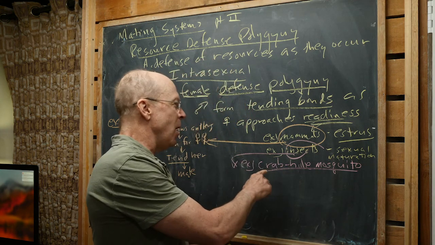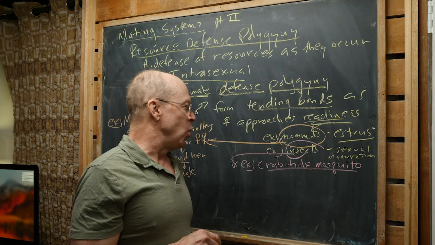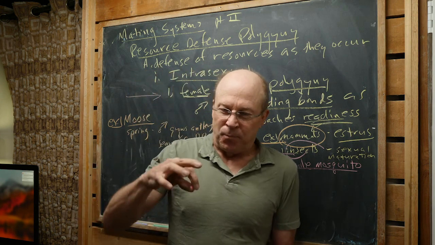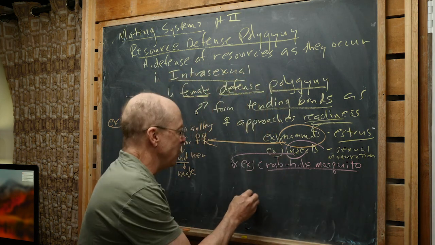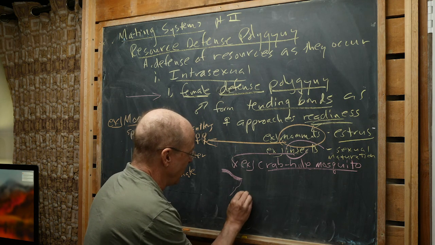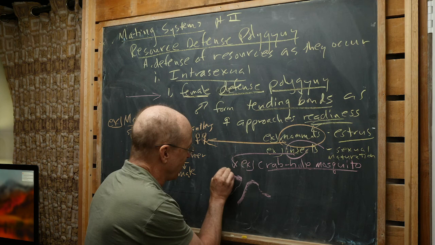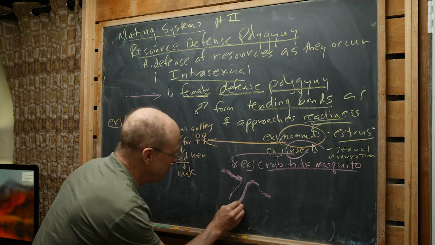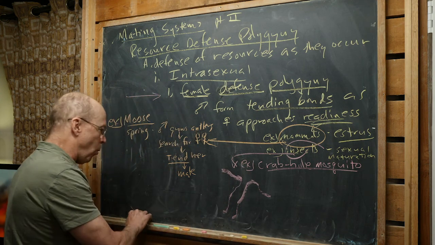And we've got this little story about the crab hole mosquito, where here's this burrow. Here's a cutaway view of a burrow of a crab. This thing goes deep down, and then we've got water level.